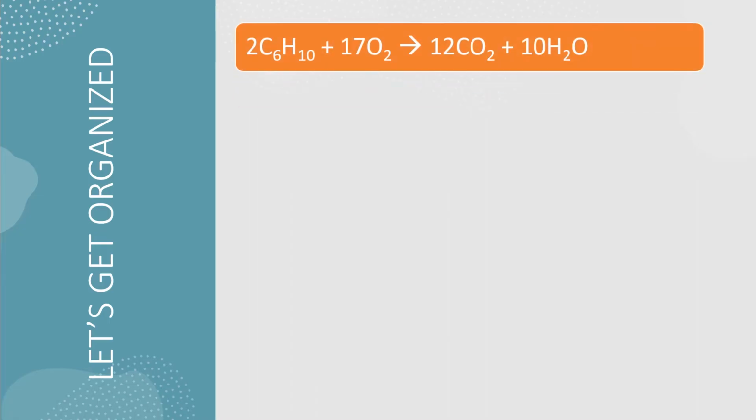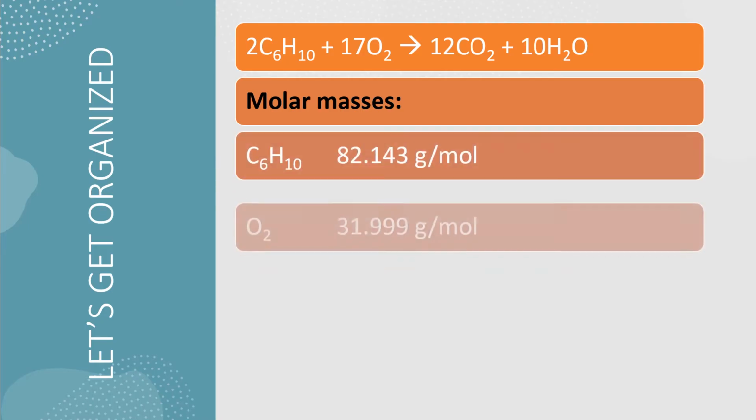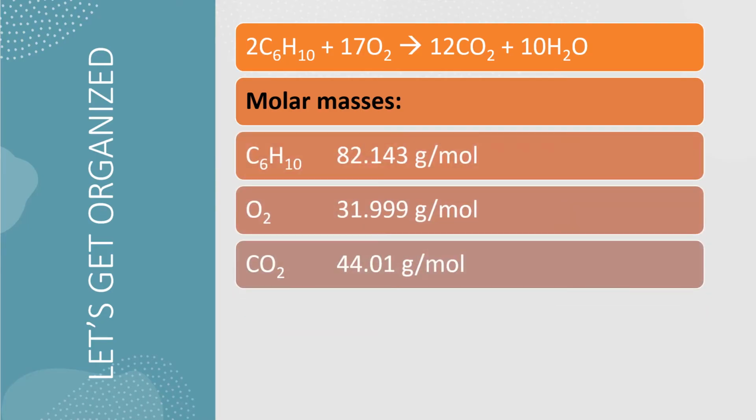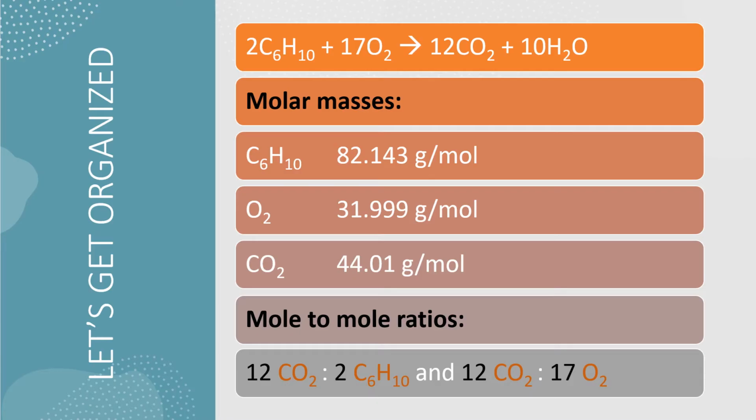First, we want to get organized. We want the molar masses for our reactants and for our product, CO2. Why CO2? Because we were given an actual yield number for CO2, so that's the one we're going to focus on. The other thing that is crucial is our mole-to-mole ratios. These are derived from the stoichiometric coefficients of our balanced equation.